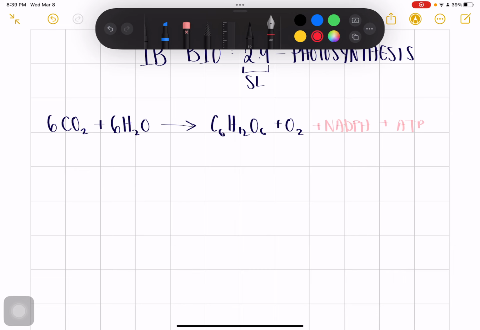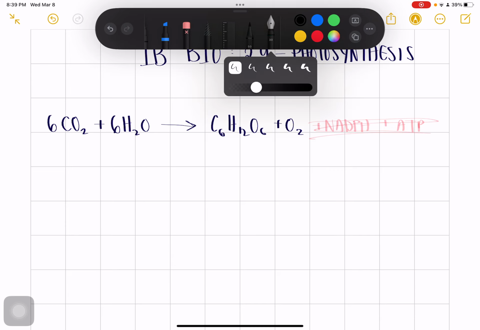So these are also produced, but they're not put in the equation, so don't put them in the equation, but just know that they are products. So we're going from carbon dioxide and water to produce glucose and oxygen. These are the main two products of photosynthesis.